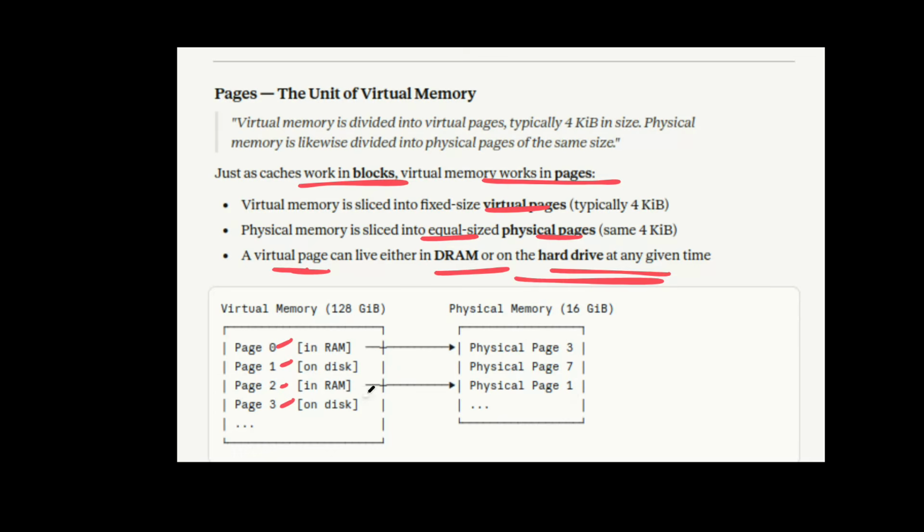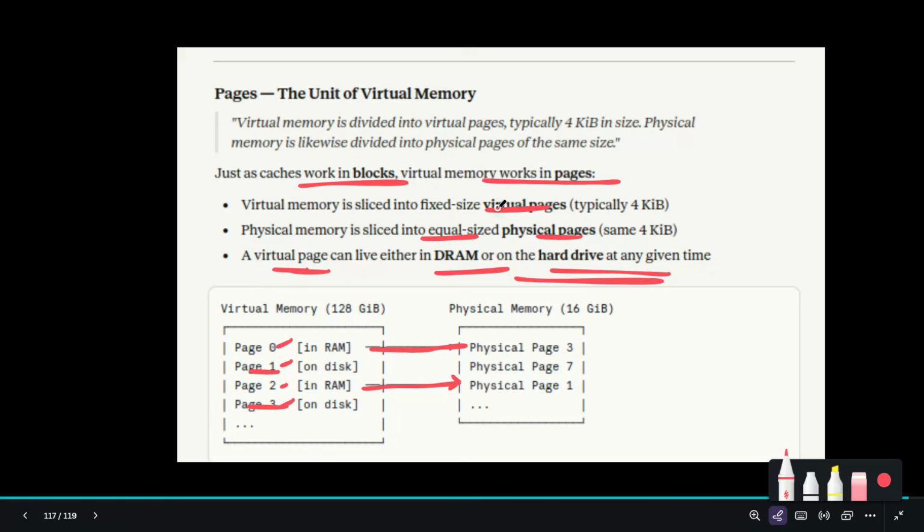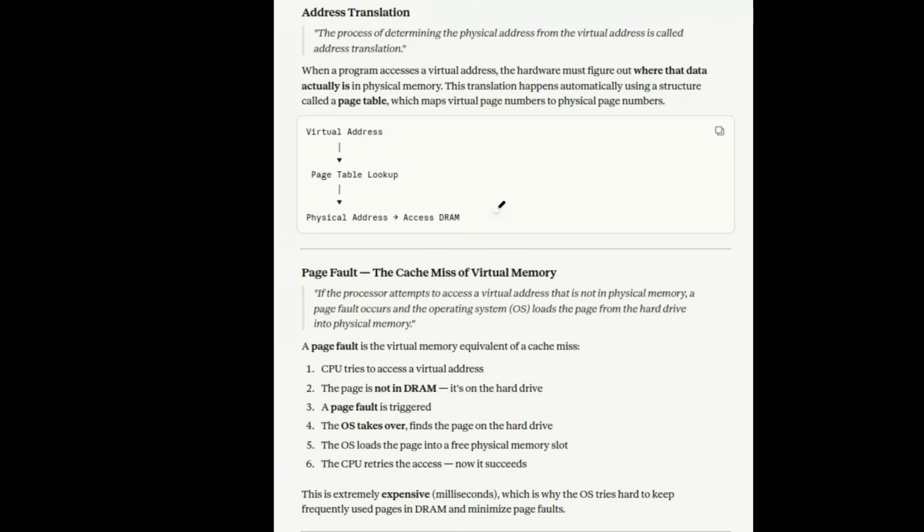This virtual page 2 is there in physical page 1, and virtual page 0 is there here. And the rest of the pages in the virtual memory are there in the disk. Some of the virtual pages will be there in the physical memory, and some would be there in the disk. Like blocks, here pages are.